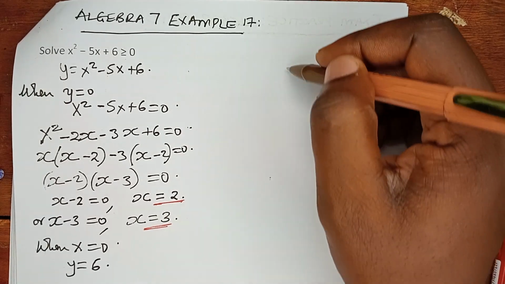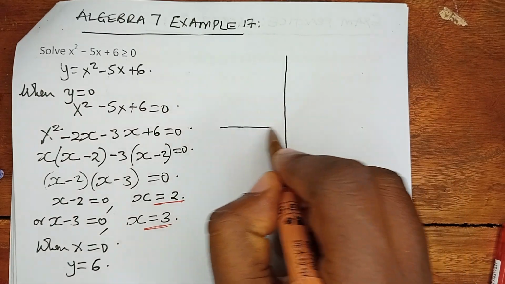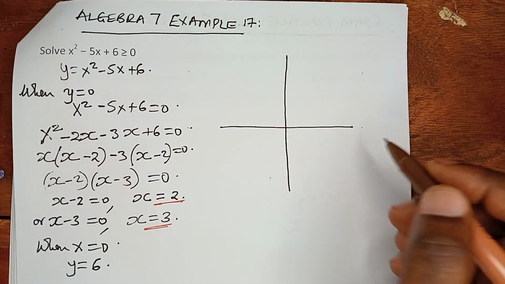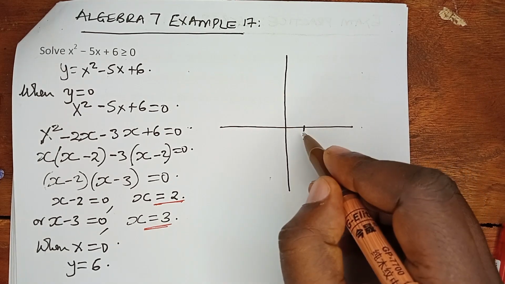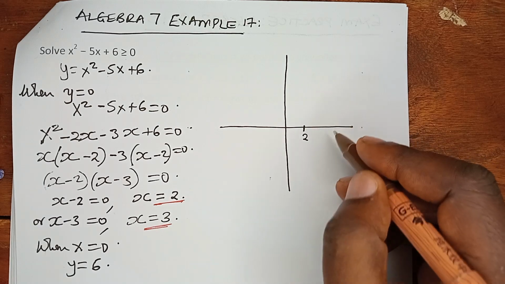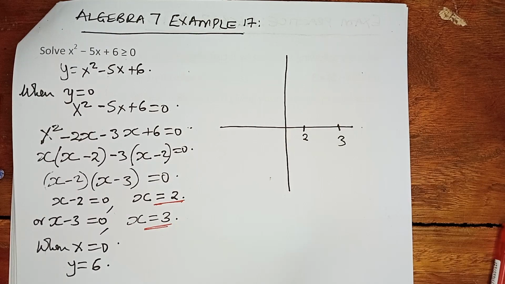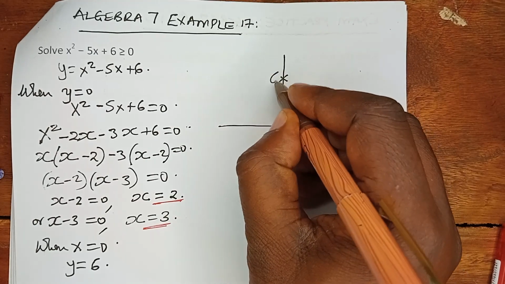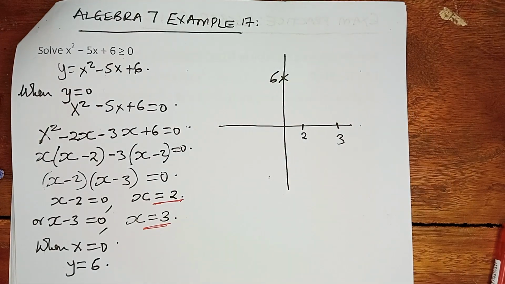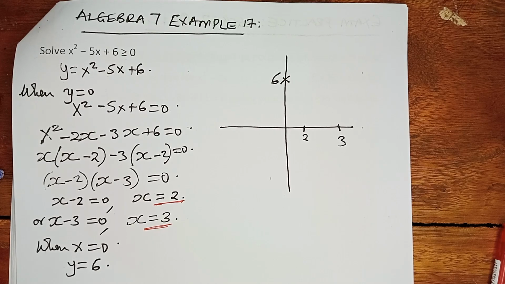And of course, we sketch the graph here, the y and x axes. The intercepts we have at 2 and another intercept at 3. 2 and 3, that is it. And the y-intercept is when y is equal to 6. There we are. But of course, we have to know the nature of the graph.